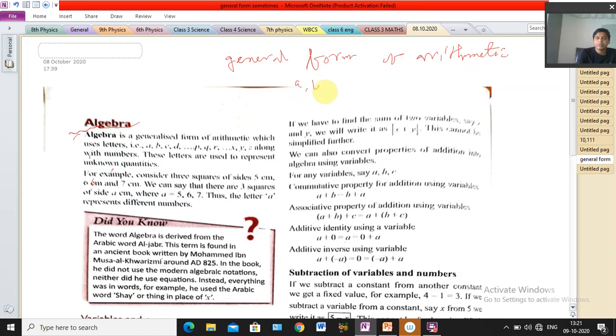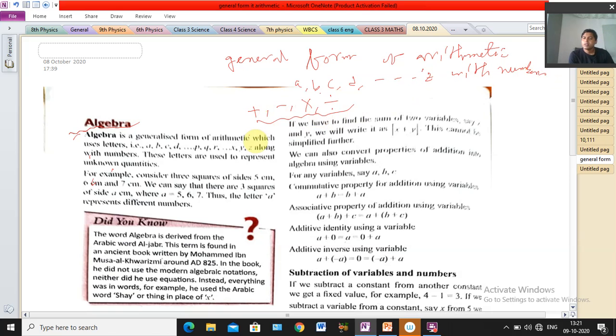Letters means a, b, c, d up to z, with numbers. And operations will be there, sir. What operations? Plus, minus, multiplication, division. Clear or not? So this is basically the definition of algebra.